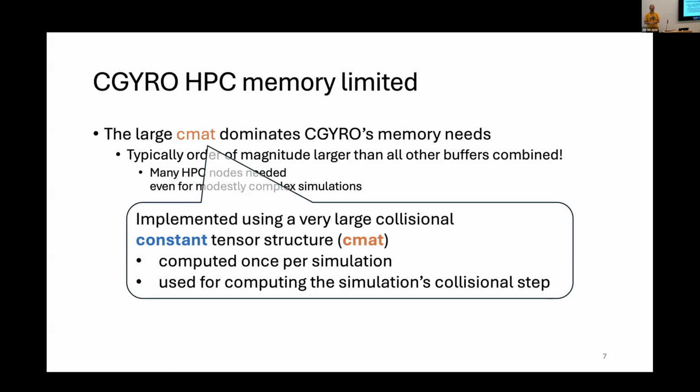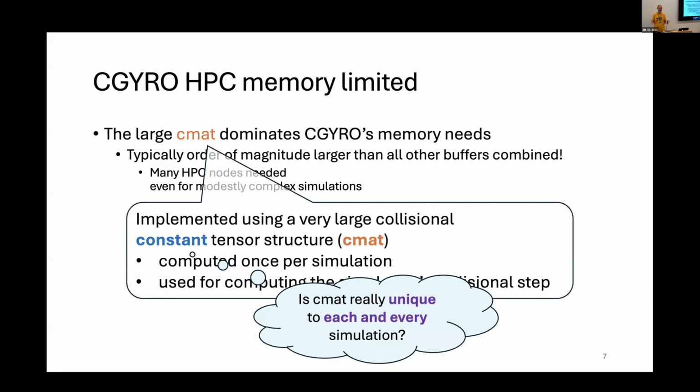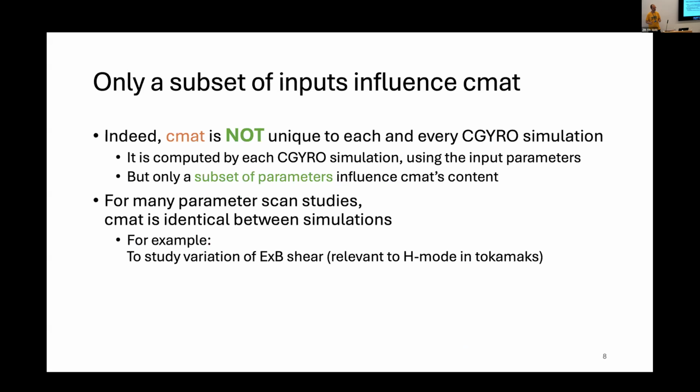Now, I said that this is the biggest memory use. Can we do something about it? So the first thing to notice is I said it's a constant structure, which means it doesn't change during the simulation. But is it really unique between each and every simulation that users are going to run? And the good news is actually it's not. While this constant structure is computed for each simulation independently, it doesn't depend on every single parameter that is used for the simulation.